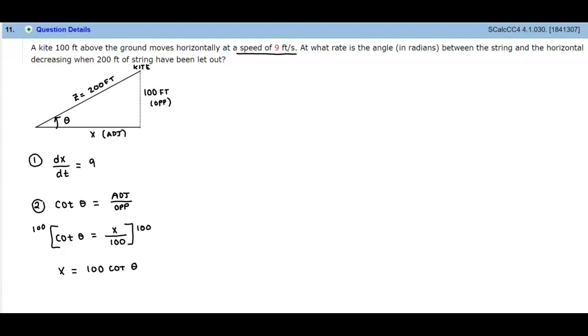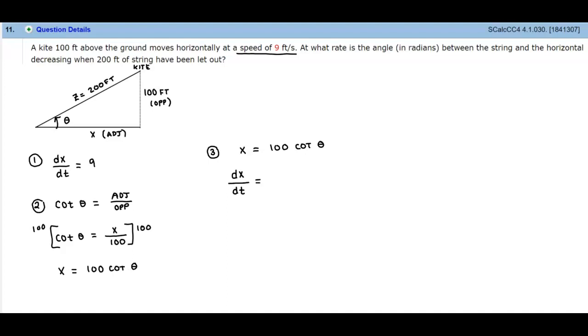Okay, so now in step number 3, we differentiate with respect to t. So we're going to differentiate this equation, X equals 100 times the cotangent of theta. When we take the derivative of the left side, we get dx over dt.